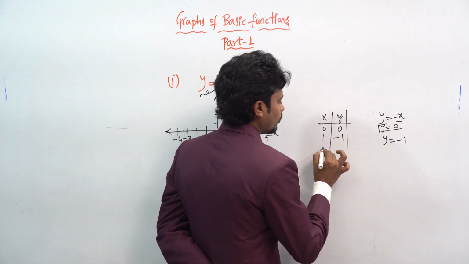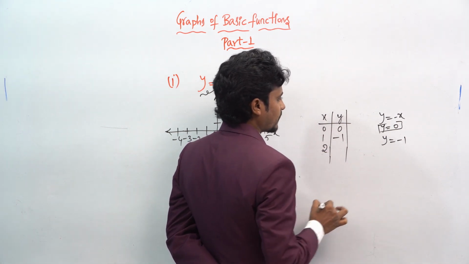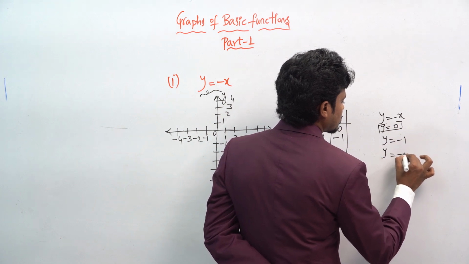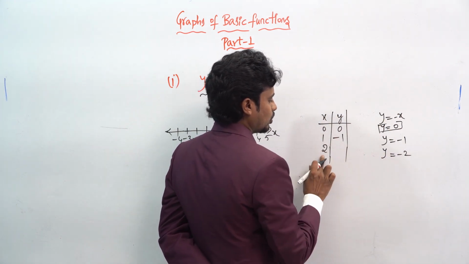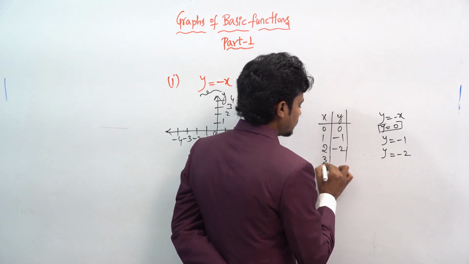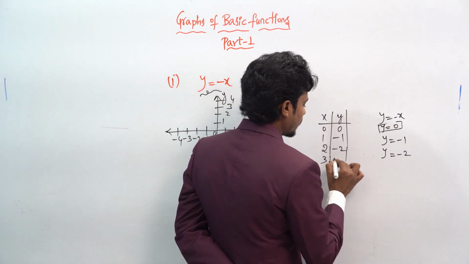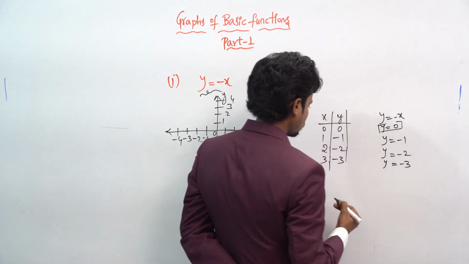And here, if you want to put x is equal to 2, what will happen to the y? y is equal to minus 2. That means replace x with 2. This will become minus 2. If you want to take 3, what will happen to the y? y is equal to minus 3.